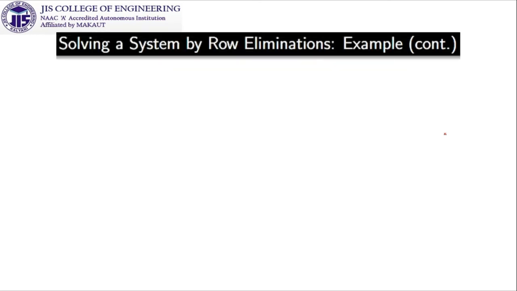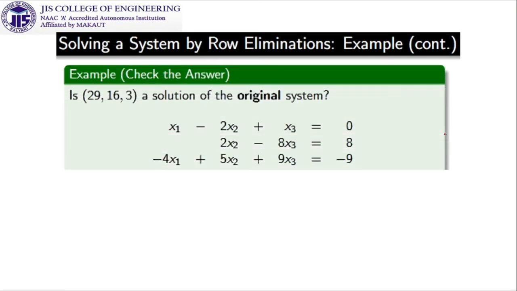Now, what we got is 29, 16 and 3. Our job is to check that we have applied one method, whether the thing we achieved, 29, 16 and 3, is going to be a solution of the original system. We must check it as the verification.